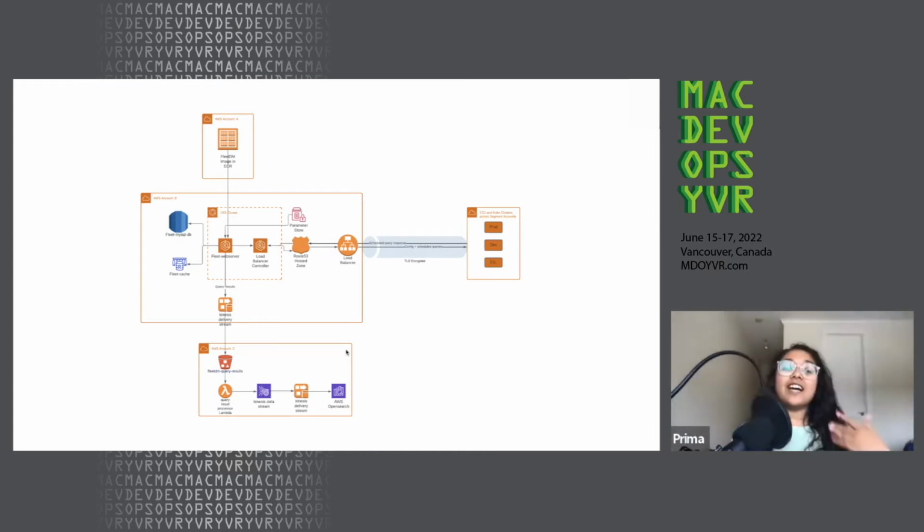So that's why there were so many cross account communications that needed to be established and so on. And then of course there are your actual hosts that are running in a different part of your network, and then they connect with the load balancer and the FleetDM web server via TLS tunnel.